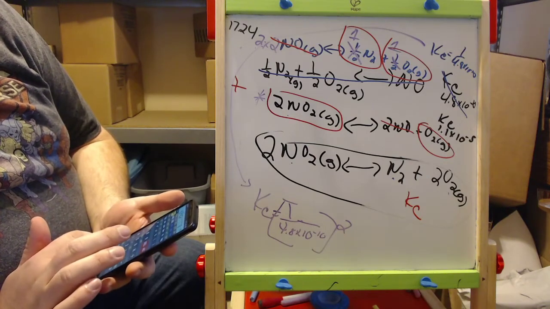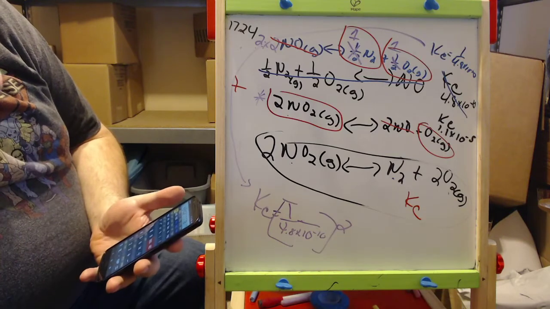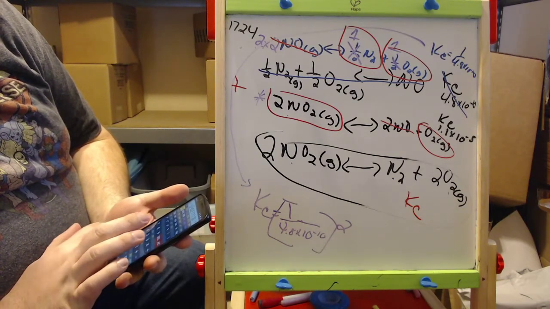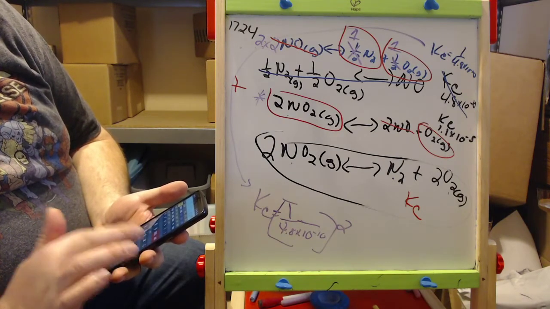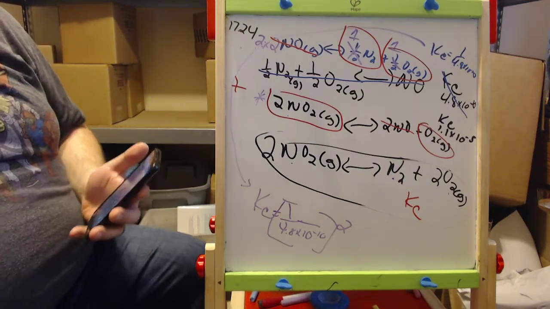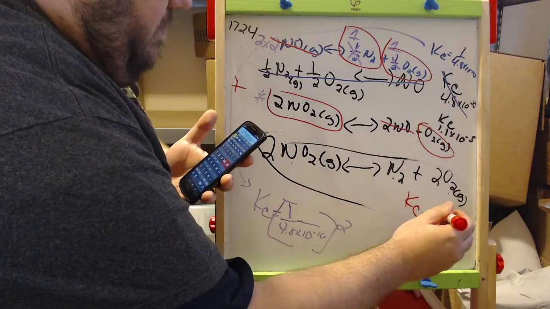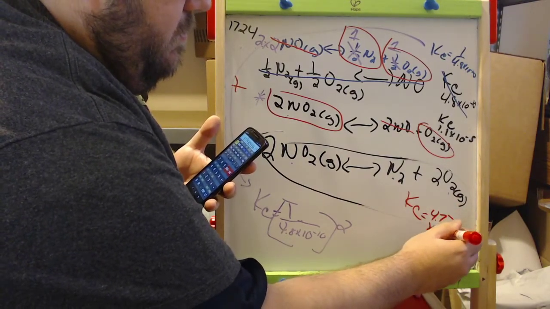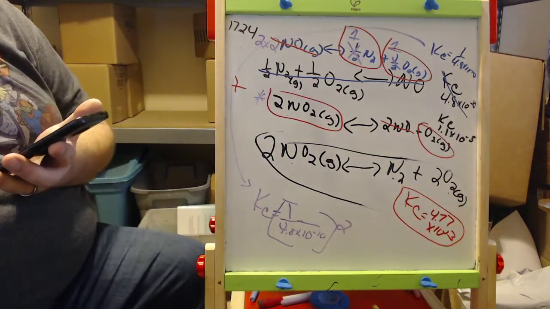Square that. And then multiply it by 1.1 times 10 to the negative 5th. I get 4.77 times 10 to the 13th. That's my answer.